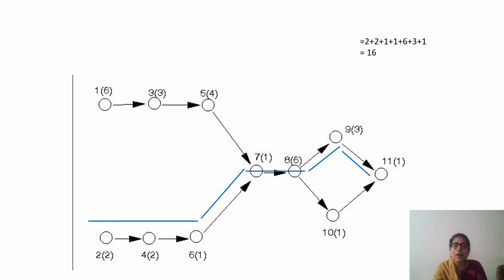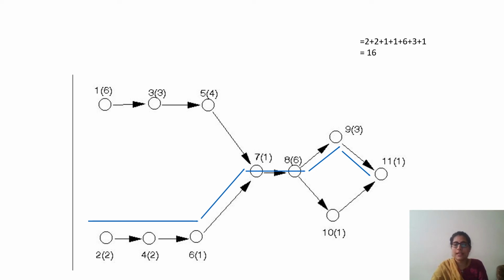So what are the ways I can go from start to finish? Right, here I am starting at this line and I am finishing it here. So this is one way: 2, 4, 6, 7, 8, 9 and 11. 2 takes 2 days or hours or whatever. 4 takes 2. 6 takes 1. 7 takes 1. 8 takes 6. 9 takes 3 and 11 takes 1.